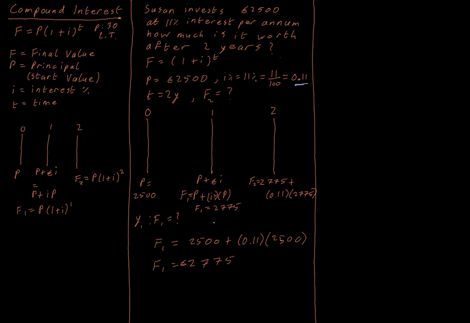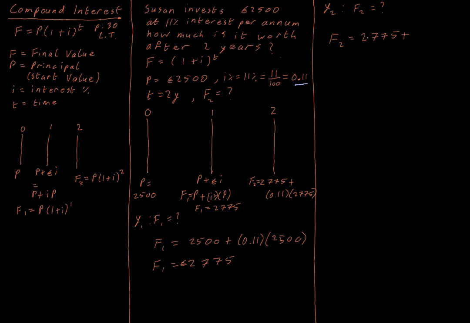So let's find our year 2. So we want our final value for year 2. Well, our final value for year 2 is going to be what we had in the account at the beginning of year 2, which was the end of year 1, plus the interest that we get on.